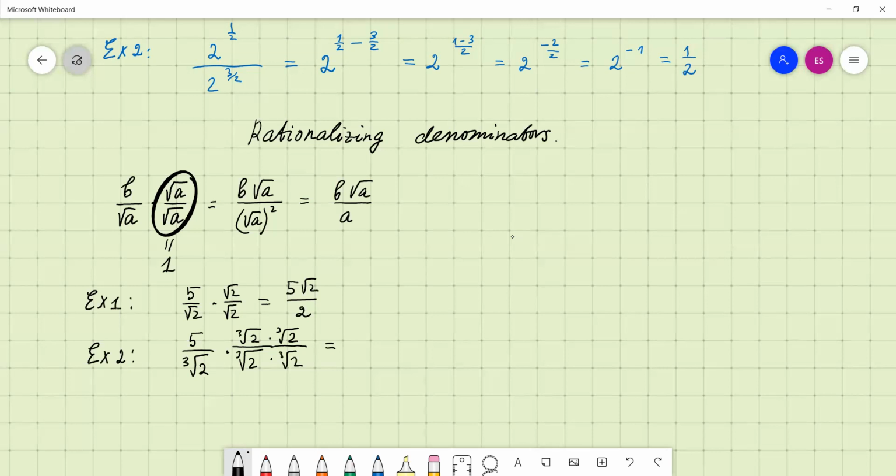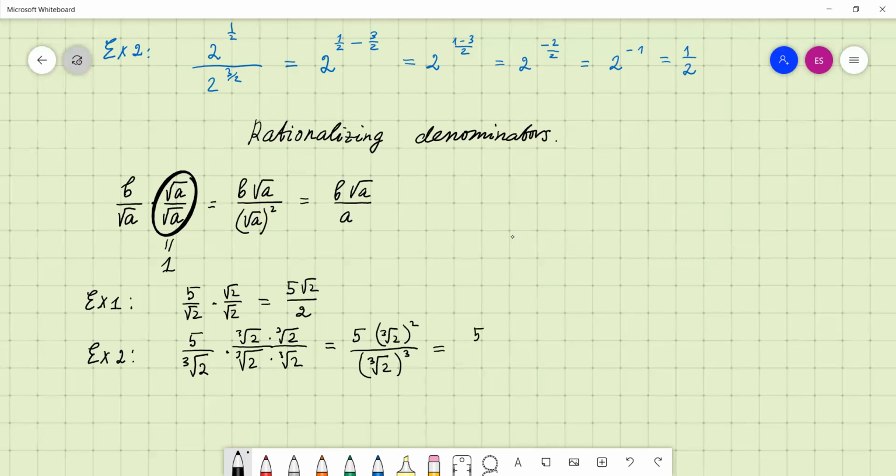Now in the numerator I have 5 and the cubic root of 2 squared. In the denominator I have the cubic root of 2 cubed. Remember that the cube and the cubic root cancel each other and give me just 2. In the numerator, it's not necessary, but to simplify this expression I'm going to switch the cube and the square.